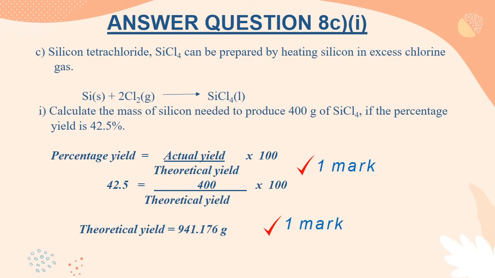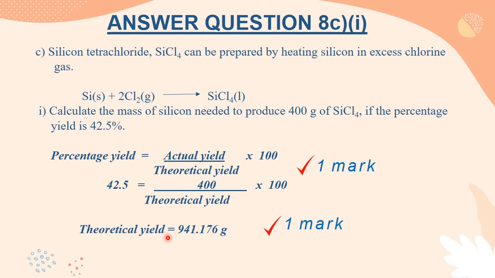Okay, so substitute value in equation or formula. Yeah, in formula, percentage yield equal to actual yield divided by theoretical yield times 100. So from here, we can calculate theoretical yield.